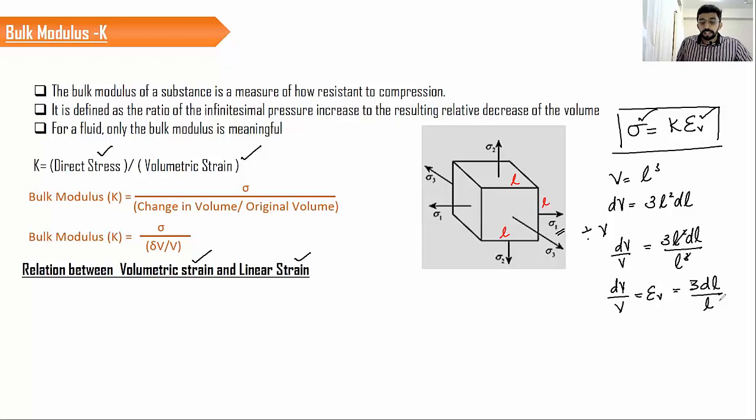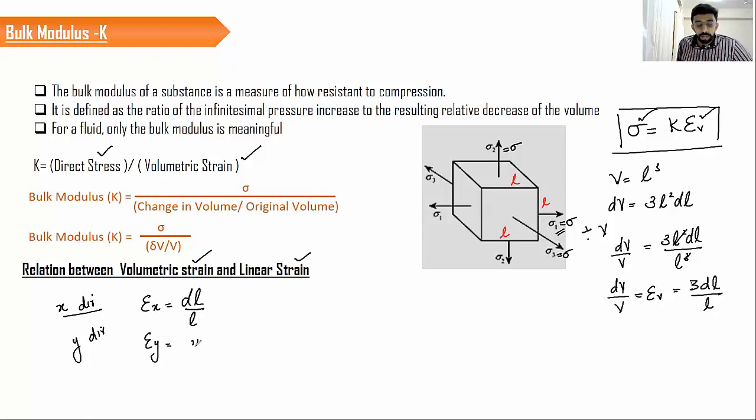Now, let us take the case in the x direction itself. Let us consider that sigma 1 equals sigma, sigma 2 is also sigma, and sigma 3 is also sigma. You take the x direction only. If you consider the x direction alone, you neglect the y and z. What is the strain in the x direction? It is the change in length upon the original length. If you consider the y direction also, it is the same. Epsilon y is also the same.